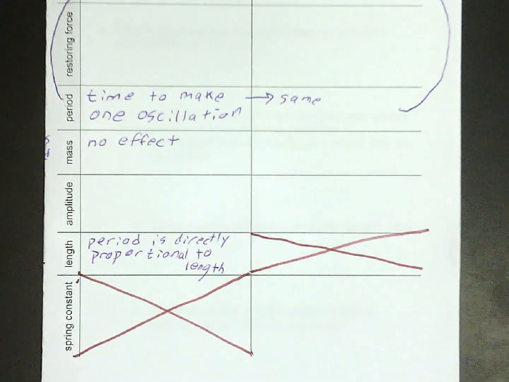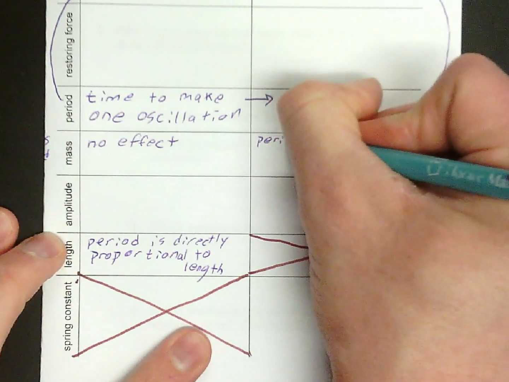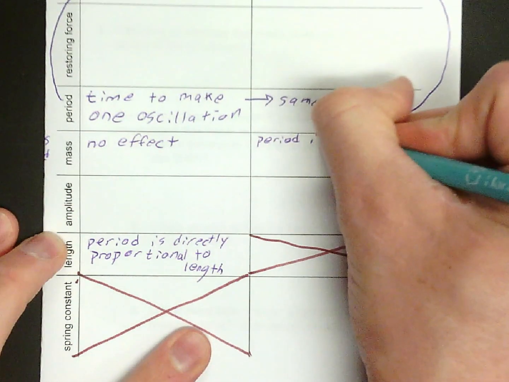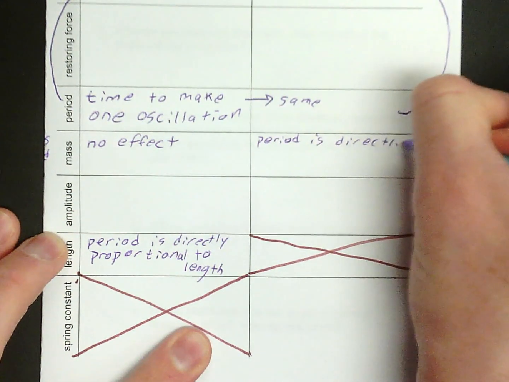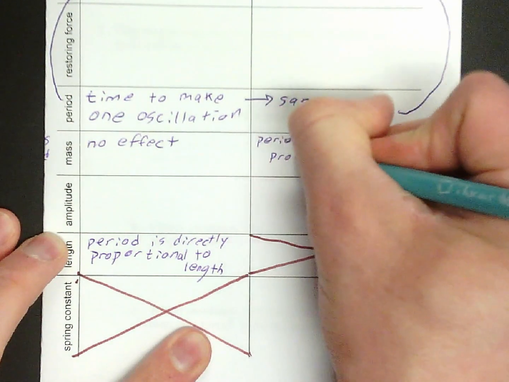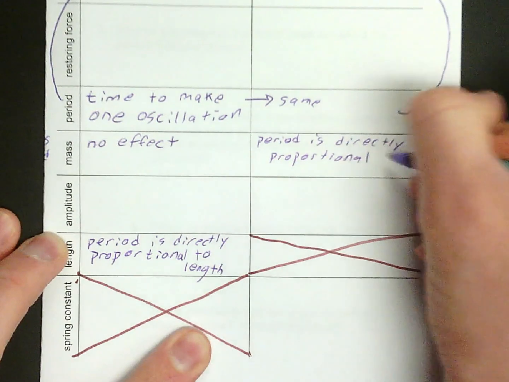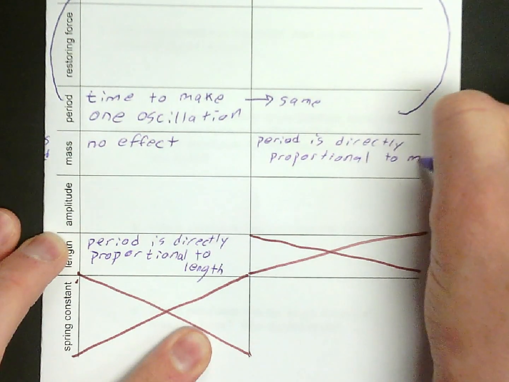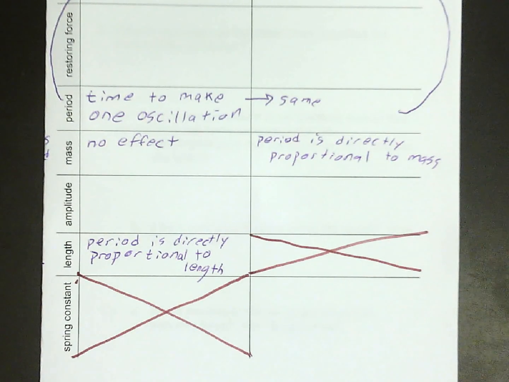It's directly proportional. So if you increase the mass, you would increase the period as well. So period is directly proportional to mass. Excellent. Look at us being halfway done.